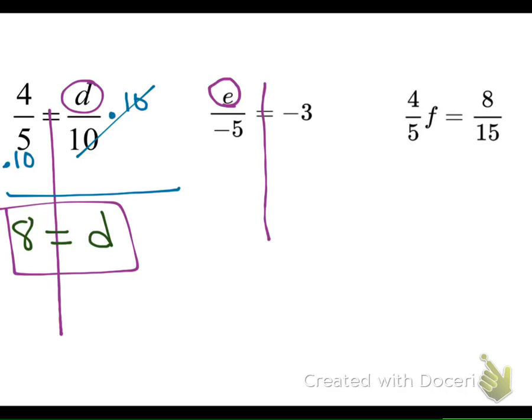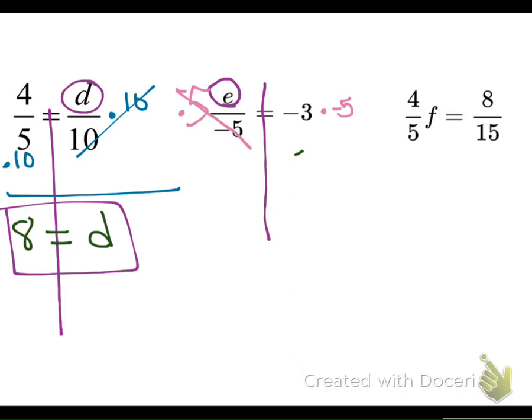You're talking too fast. Can you slow it down? To get the e by itself, the opposite of division is multiplication. So we're going to multiply. We don't use x anymore because that could be confused with a variable. You're going to use a little dot. There you go, times negative 5. Then you show that that cancels. Whatever you do to one side, you do to the other. Now we're going to bring our variable e down on the left side.